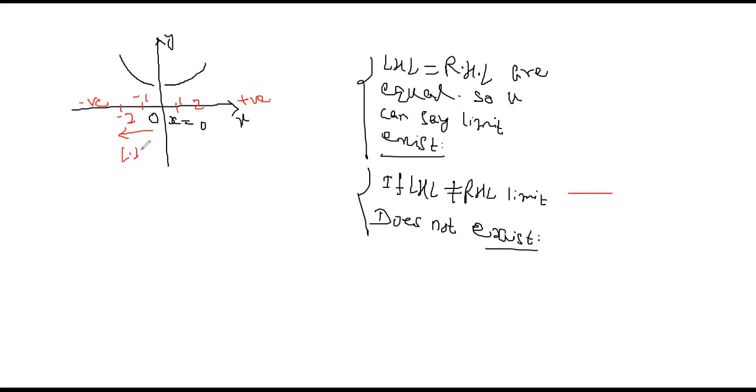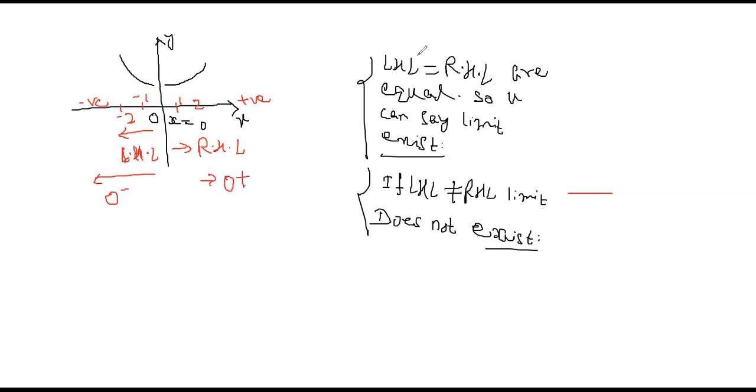This is known as the left hand limit because it is from your left, and this is RHL. This is known as 0 minus and this is known as 0 plus. What is 0 minus?